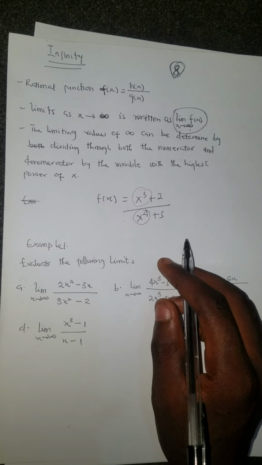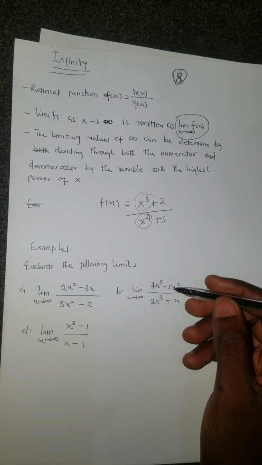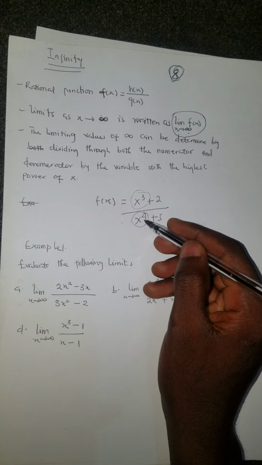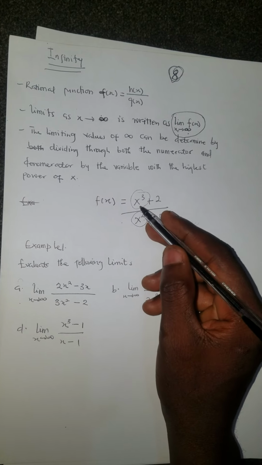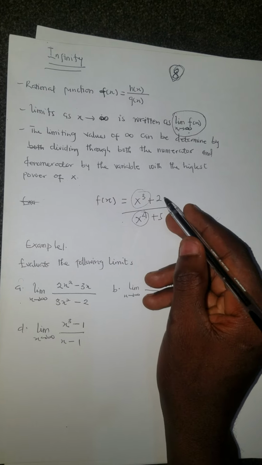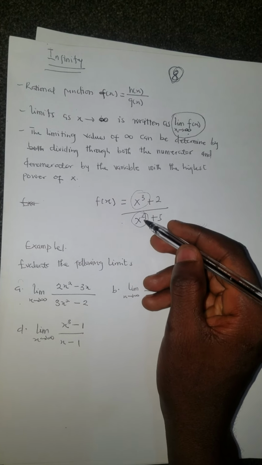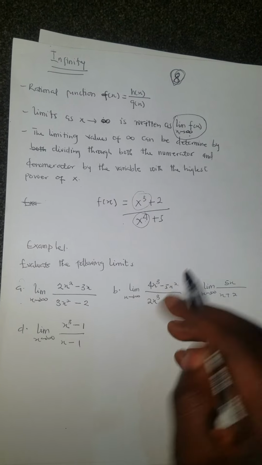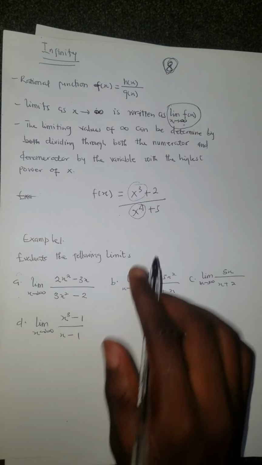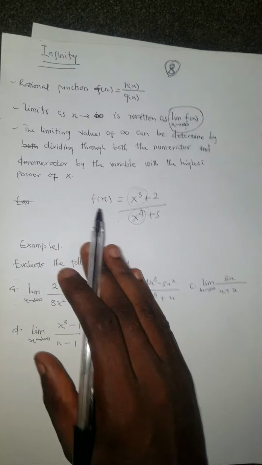Now, which of the x has the highest power? It is x raised to the power 4. So you divide each term of both the numerator and the denominator by the variable with the highest power. That is all this thing is saying.